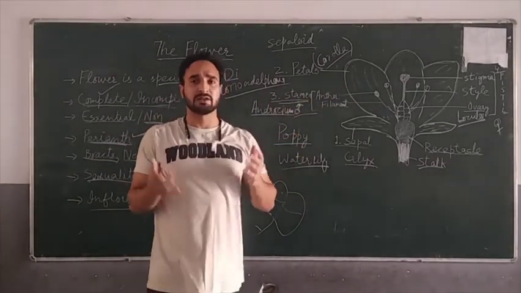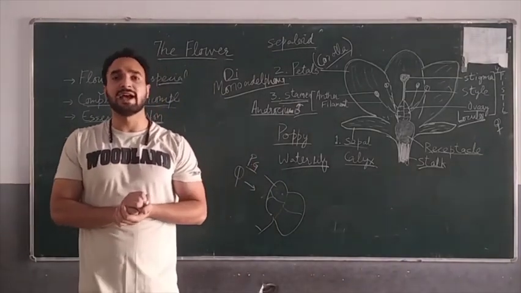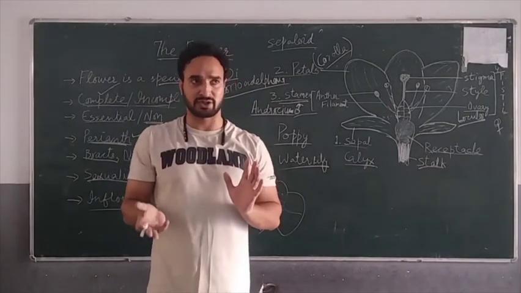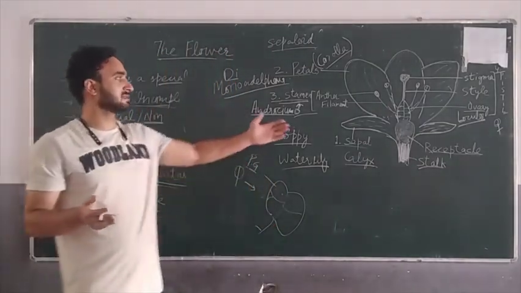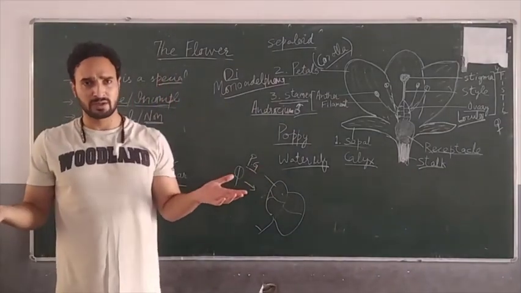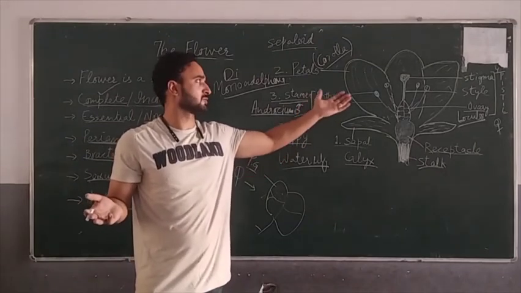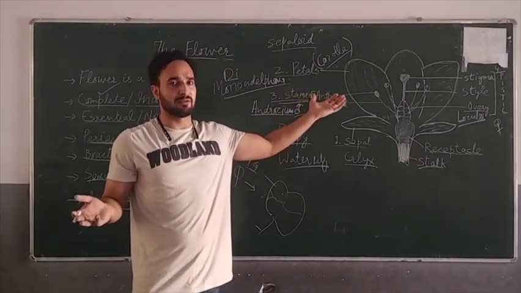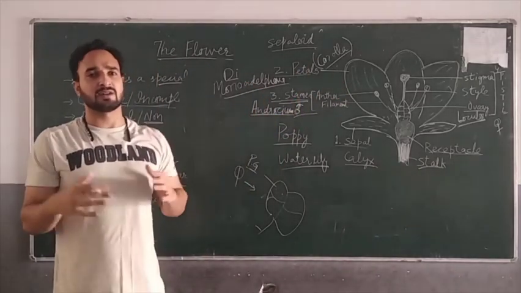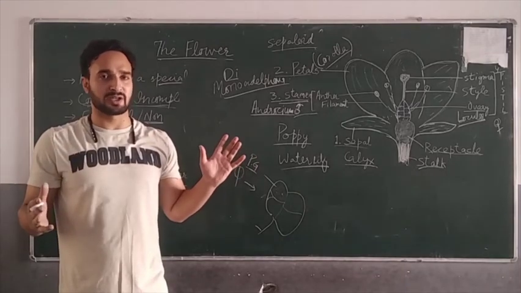We call these the essential parts of a flower because they are essential for reproduction. Non-essential parts are the sepals and petals because they are not needed for reproduction. Their only job is providing protection to the reproductive parts of a flower, and the petals, being brightly colored, attract insects or honeybees for pollination, but they are not directly involved in the reproduction.